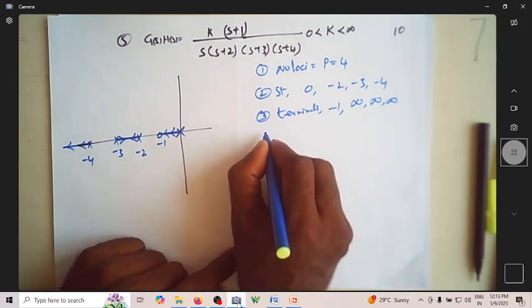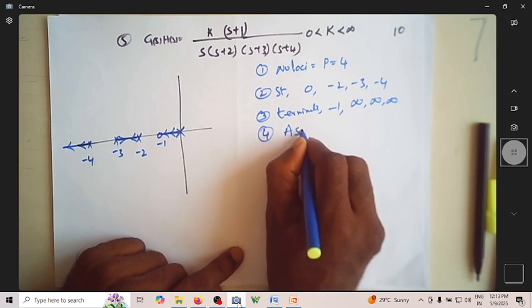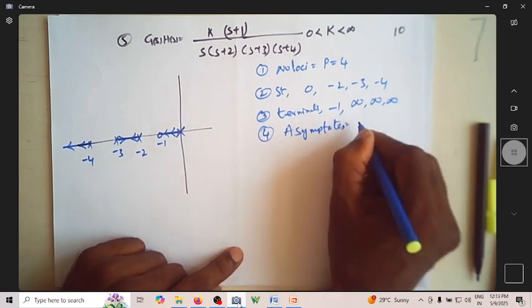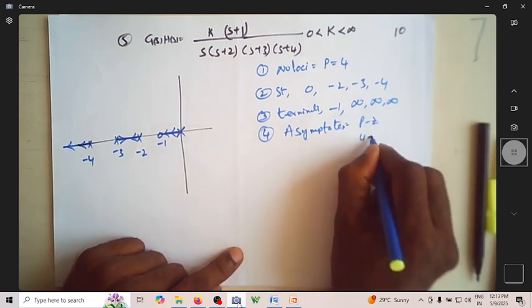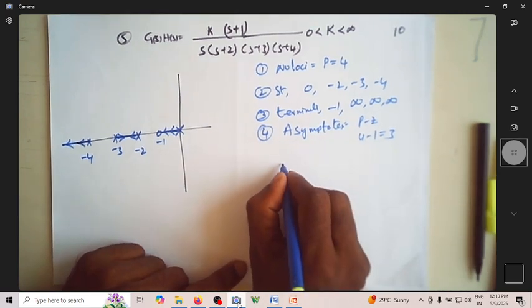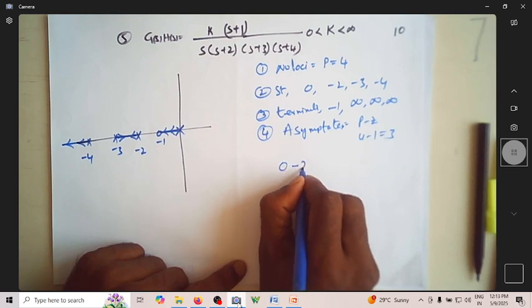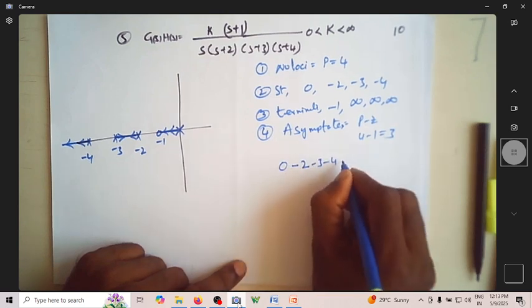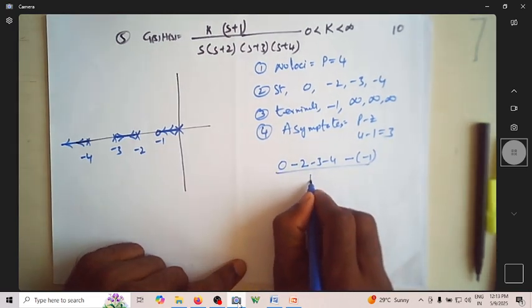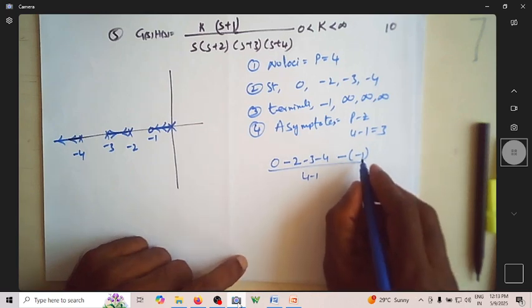Then what you have? You have asymptotes. They are P minus Z, which is 4 minus 1, which is 3. Their centroid is 0, minus of 2, minus of 3, minus of 4, minus of -1, divided by 4 minus 1.